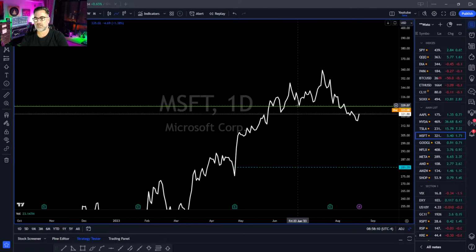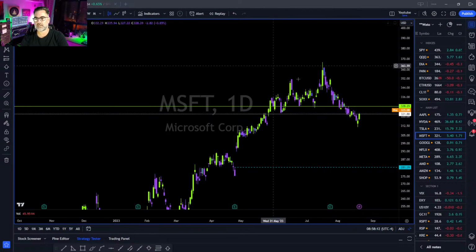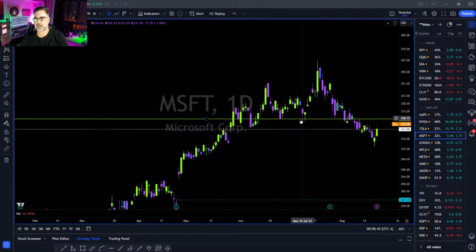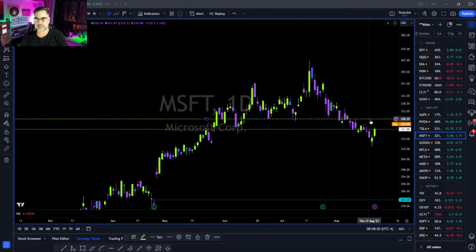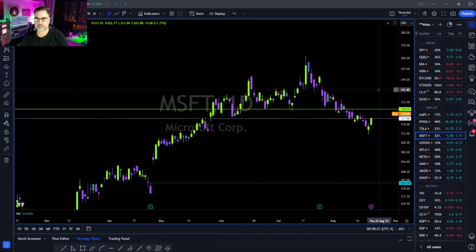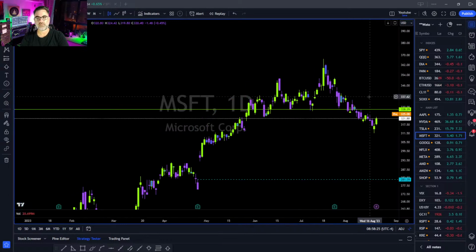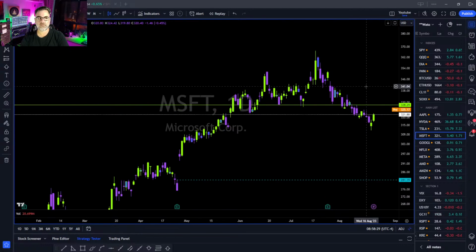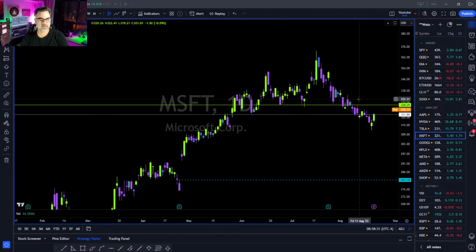Why? Support, support, support, support, support. Resistance. So by the natural things of price action, 328 is the next major test for bulls. Above it, 2-3 days above it, we can say the bulls of Microsoft are next.